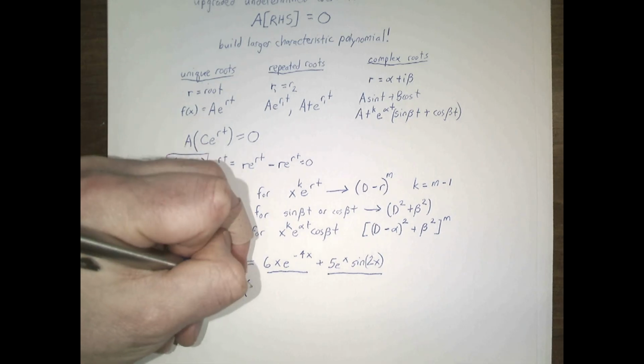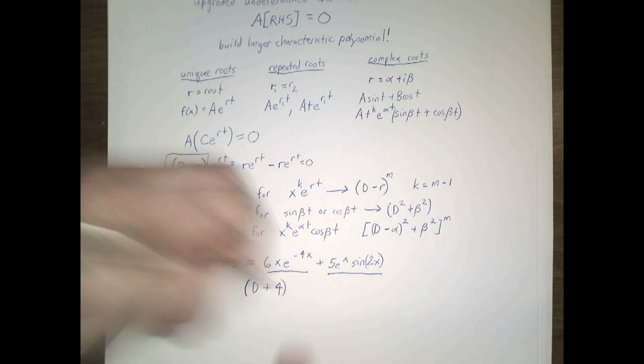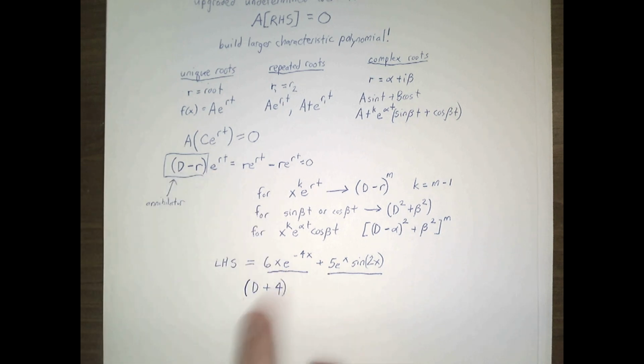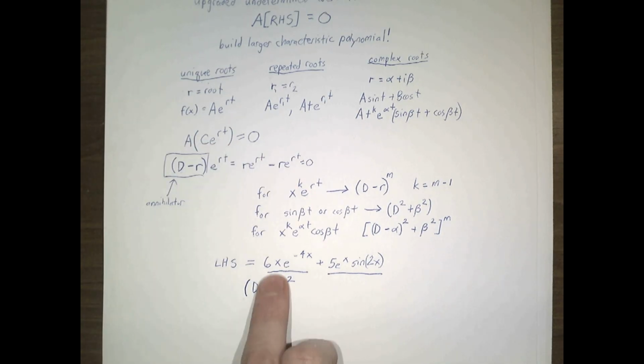We will get d plus 4, negative 4 being our root there. So d minus minus 4 gets us the plus 4, and we're going to put that squared to match the linear factor there, one more than the linear factor.